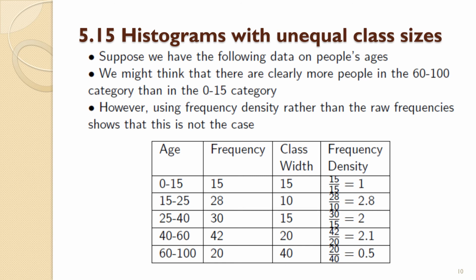Once you make this correction, you can see there are actually more people per year in the 0 to 15 category than in the 60 to 100 category. This makes sense, as age 60 to 100 years is quite an extreme category. The main point is to communicate in a sensible way. Here this is done by calculating the frequency density, which makes this correction for differing class widths.